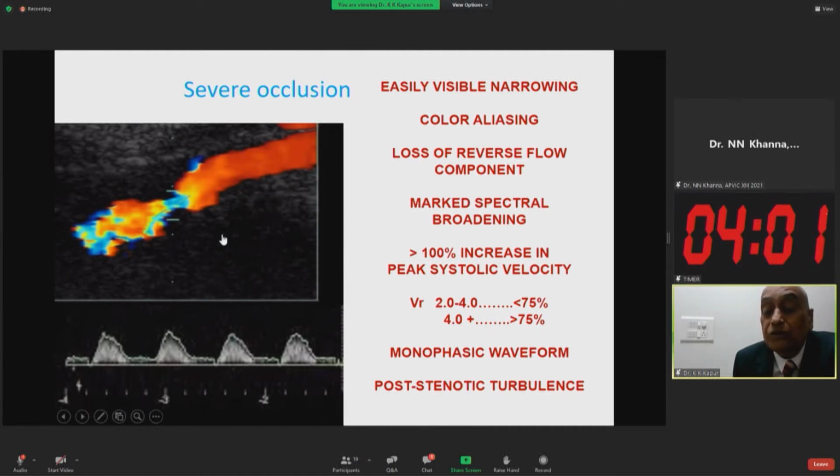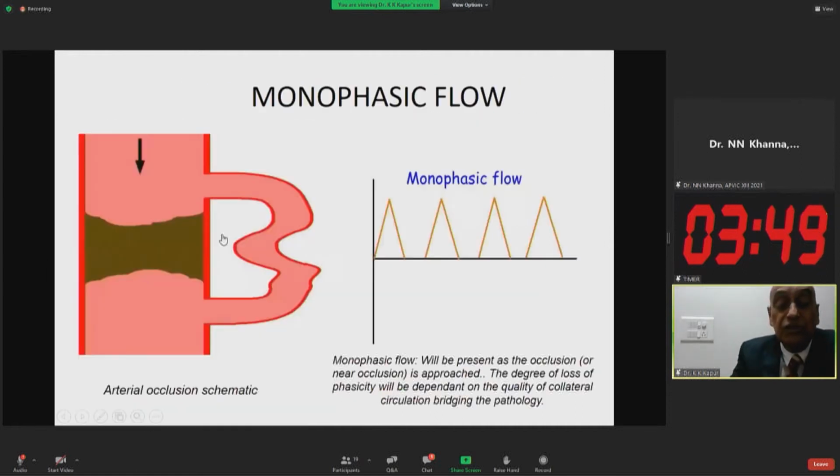When it is 4.0 or more, it is more than 75% narrowing, and you get a monophasic waveform with post-stenotic turbulence as indicated. So you can see that there is a near total occlusion, and the flow is occurring through the collateral channels, and distal to the obstruction, you'll get a monophasic damped flow.